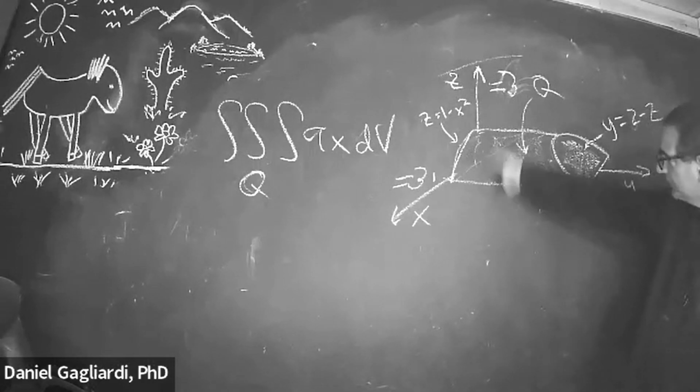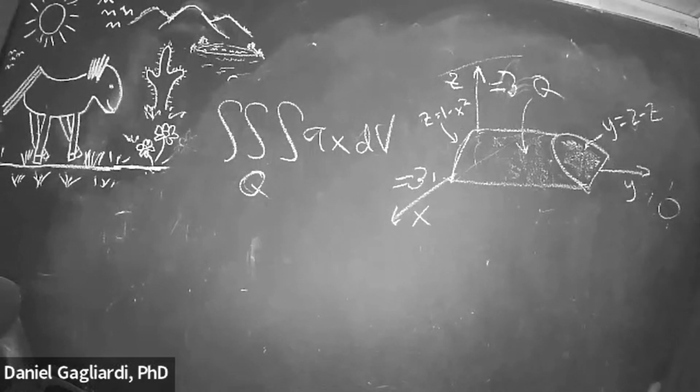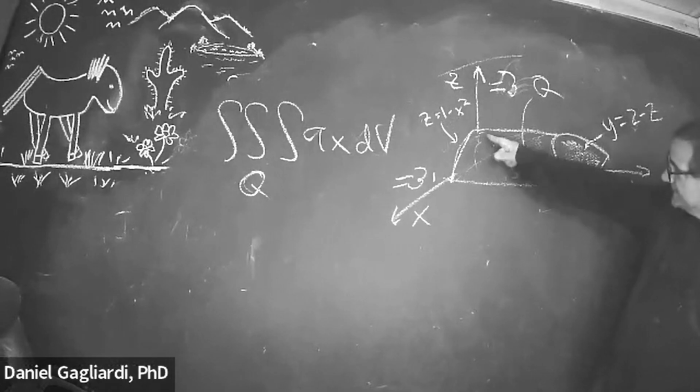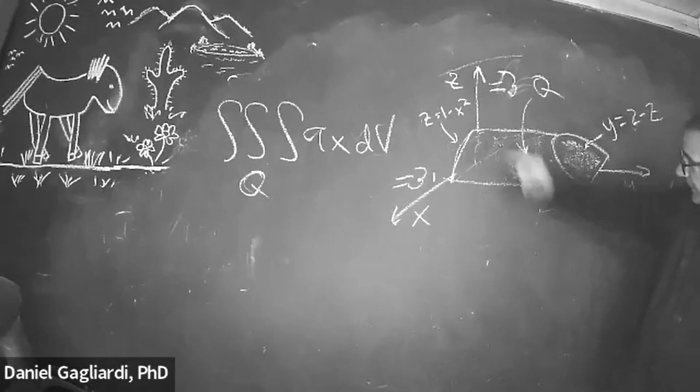Now, when they drew this, it's a little bit confusing, because they give you y as a function of x and z. Of course, x is missing from this, but they give you a function for this, and this is the top, and that's very good. But then they give you this function z equals 1 minus x squared.